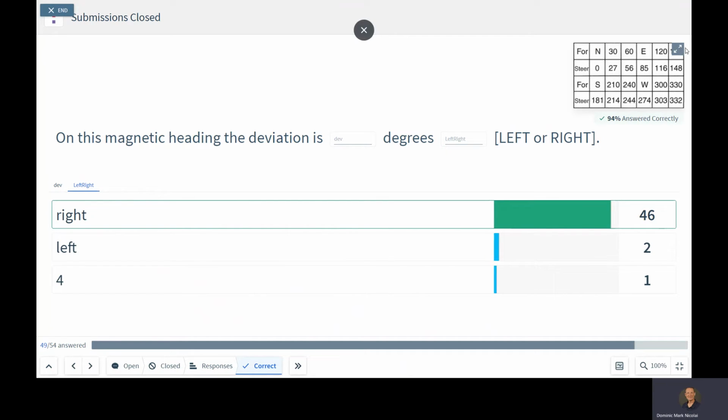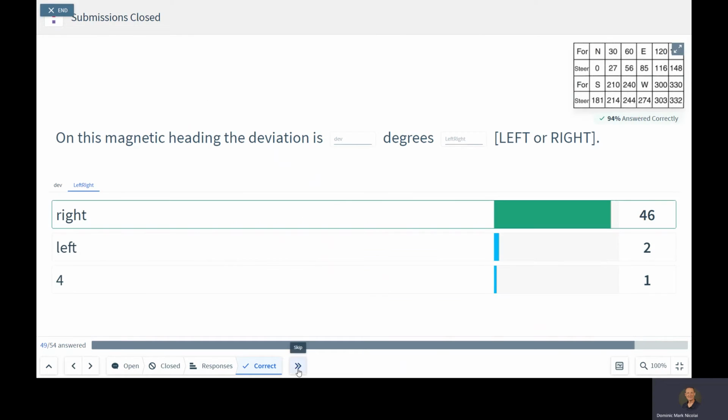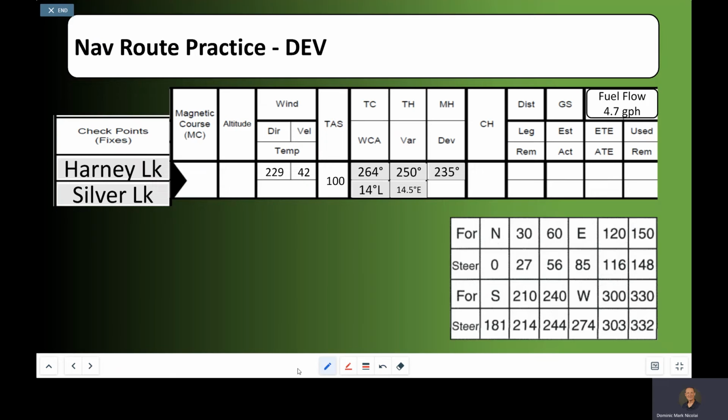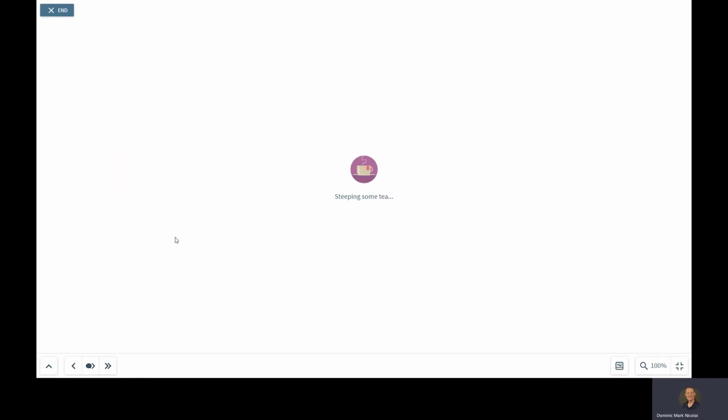So if we look up on our compass card, whether it's a 210 we're trying to steer or a 240 we're trying to steer, it's 4 degrees to the right. The numbers are bigger, 4 degrees bigger, so that's going to be adding on 4 degrees for deviation. All right, so your next bit is to come up with compass heading. Magnetic heading plus or minus deviation gives us the compass heading.